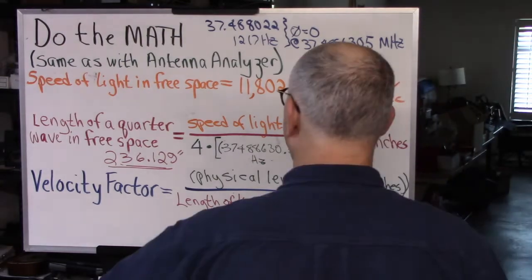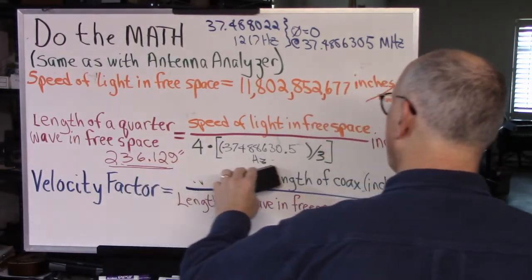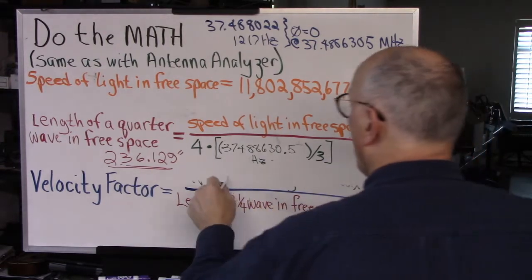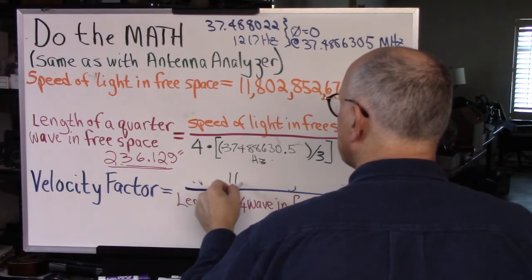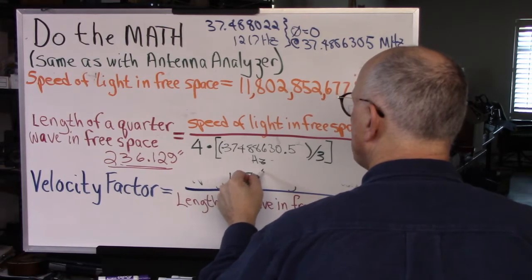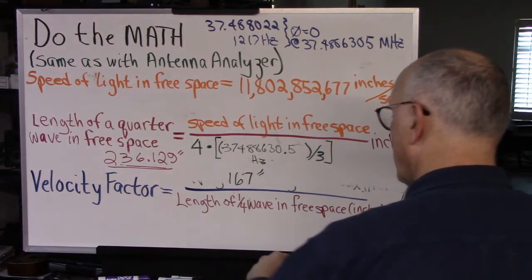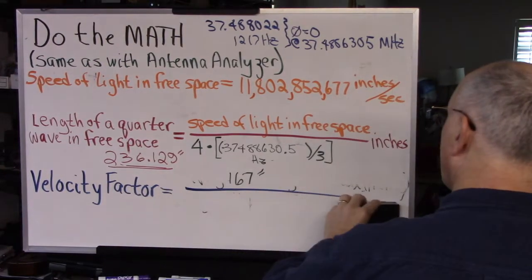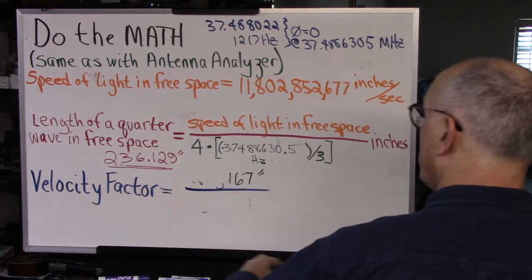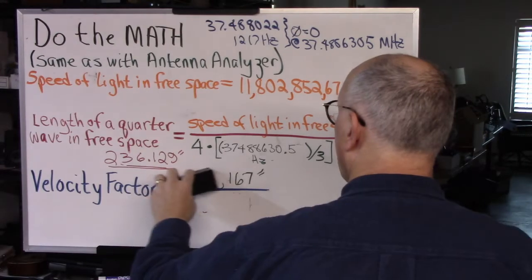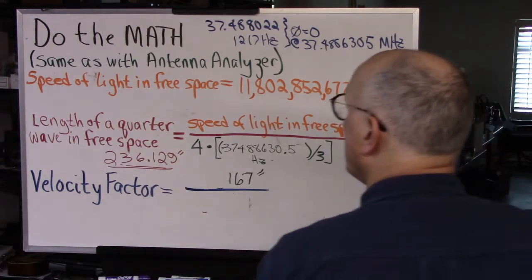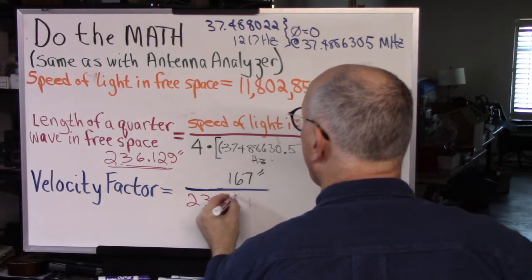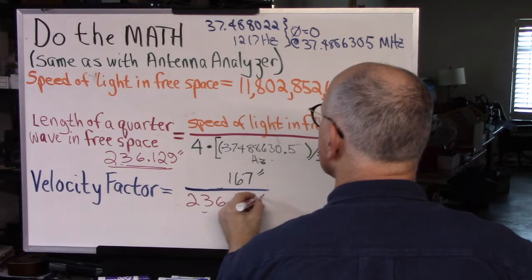236.129. Now we know that the physical length of our coax in inches is 167 inches. I measured that. We know that our quarter wave in free space is equal to 236.129 inches.